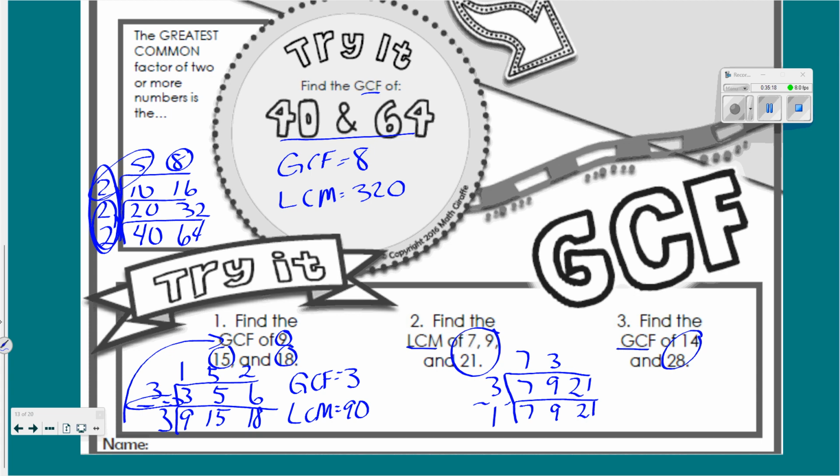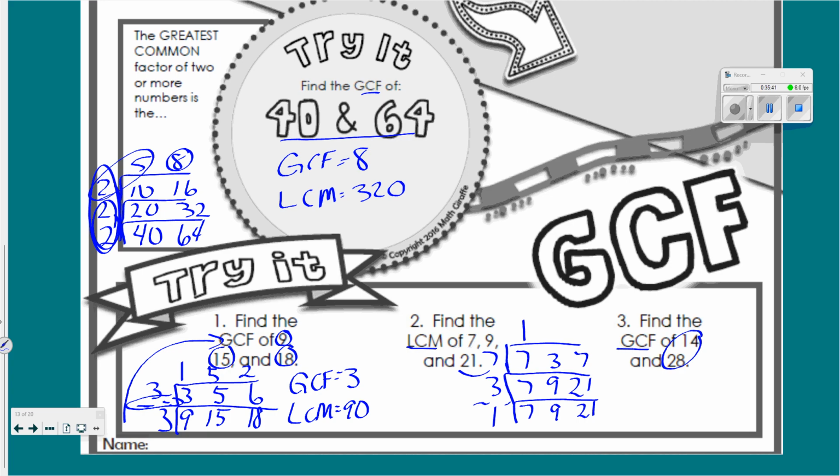So my GCF, again, the reason I did the glass ceiling, my GCF was 1. It was the only factor that hit all 3 of them. So my LCM, I'm going to multiply everything. So the 3, 1s, that's all this 1, right? So 3 times 3 is 9 times 7, 63.